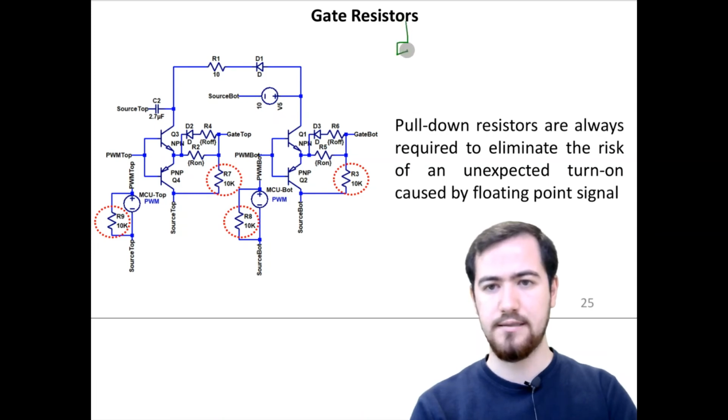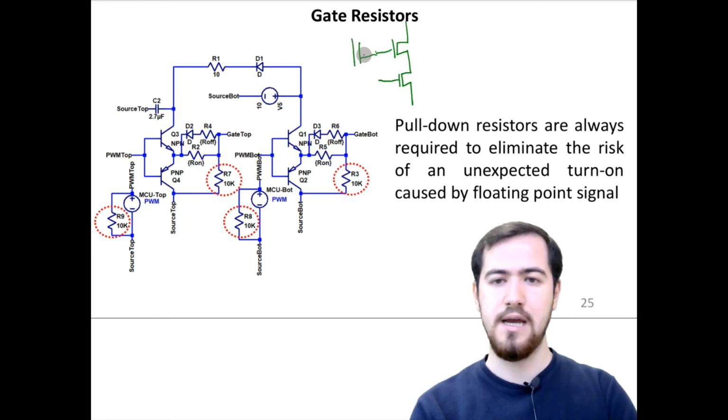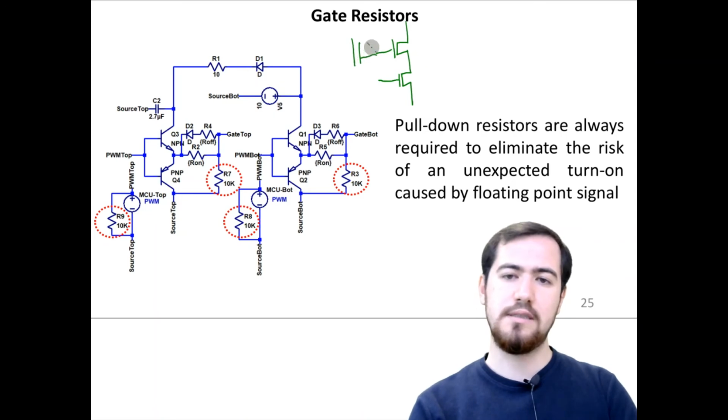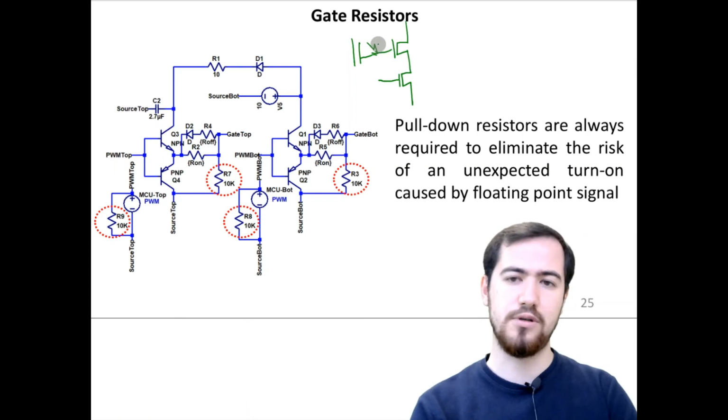What I mean is that we have a half bridge here, and the gates are assumed to stay low. However, we are providing some isolation for the high side switch, which means that due to this isolation, it can be triggered by another source on our circuit or by interference from the environment.